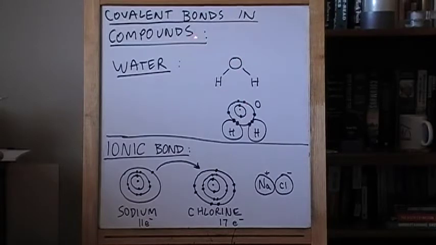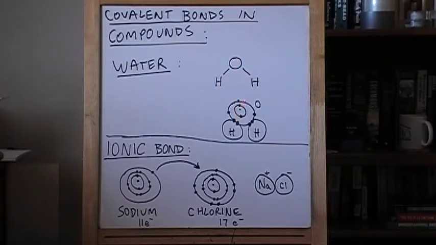You can also have covalent bonds in compounds. So for example, water consists of H2O, and in water the oxygen has a covalent bond to one hydrogen and another covalent bond to another hydrogen.